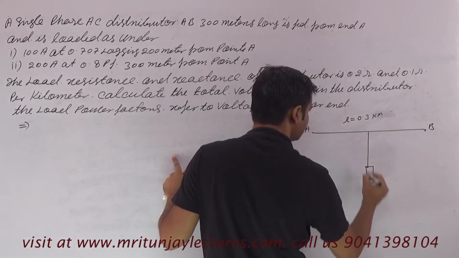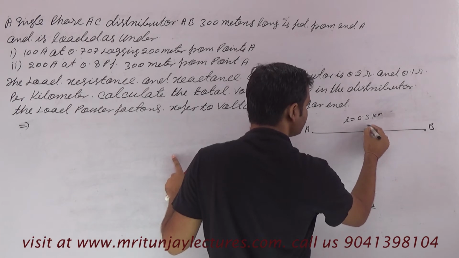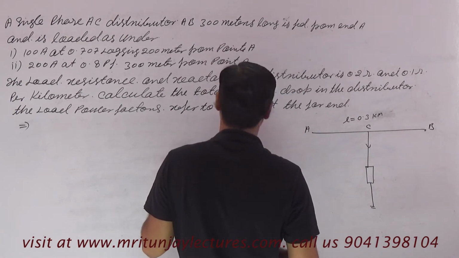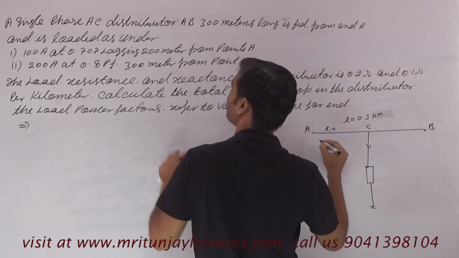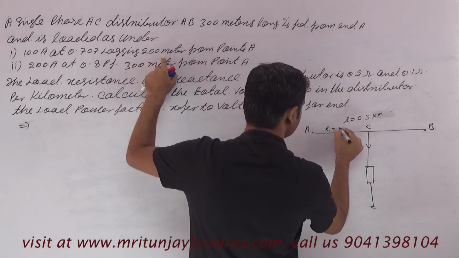This one represents point C, and AC is equal to 0.2 kilometer.